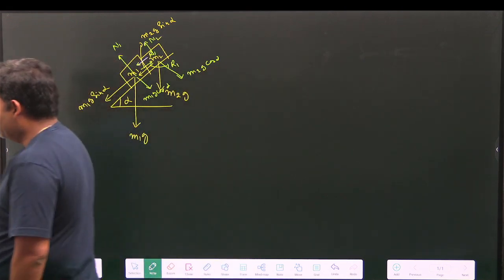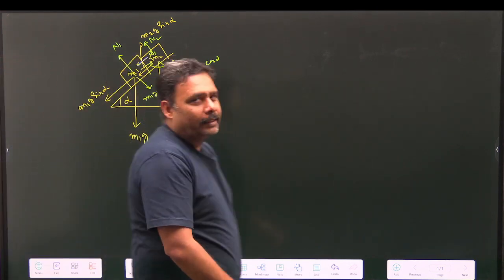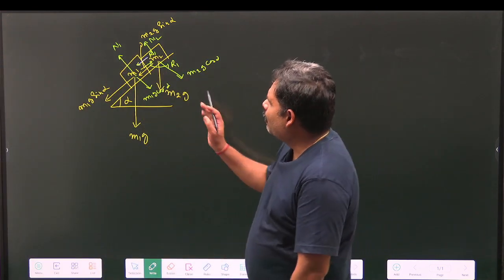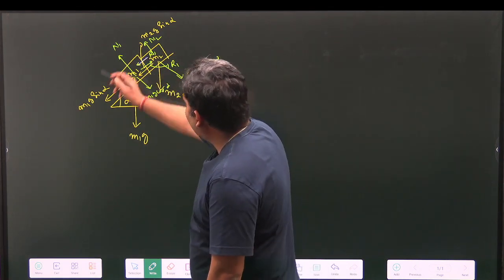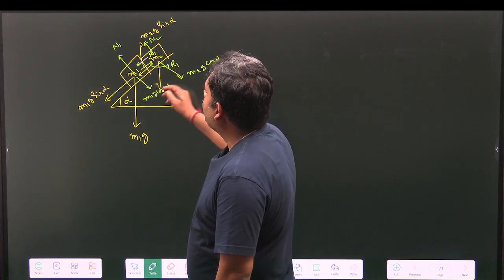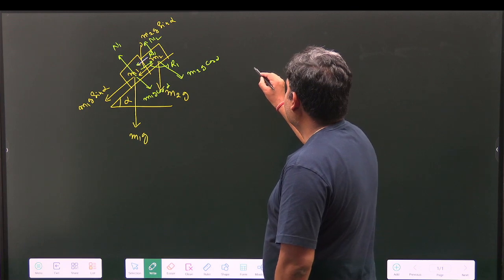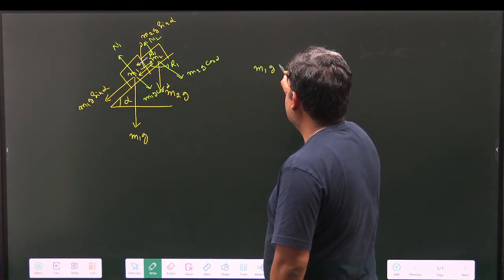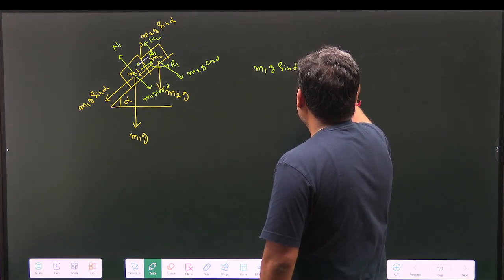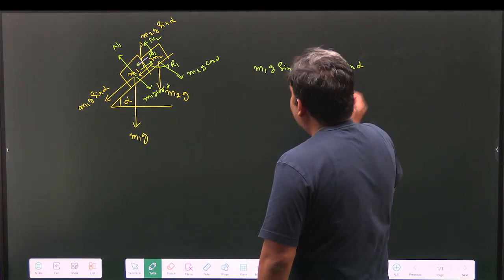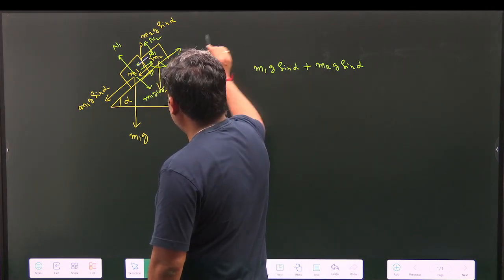So now we have to write the equation of motion. What is the trick? The trick is very simple. I will not write the equation of motion separately for m1 and m2. Rather, I will write the equation of motion for the combined mass m1 plus m2. The equation of motion is m1g sine alpha plus m2g sine alpha, and yes, there is a frictional force, which will act in the opposite direction.